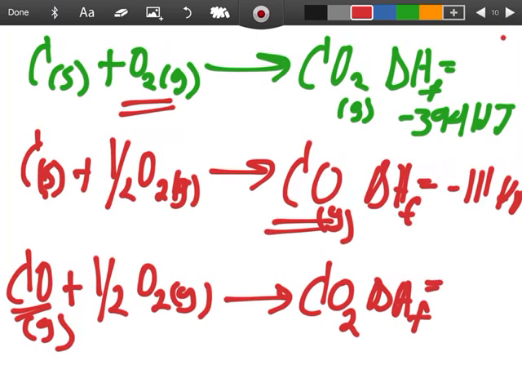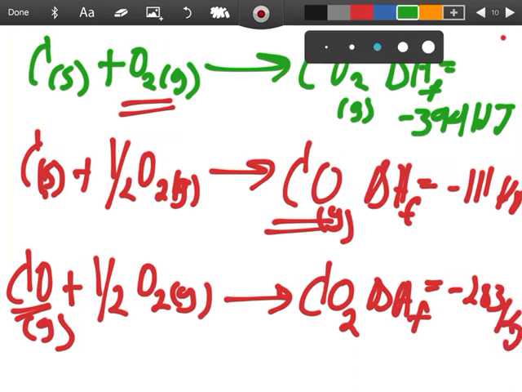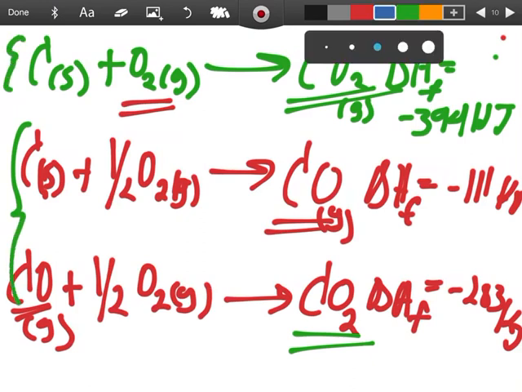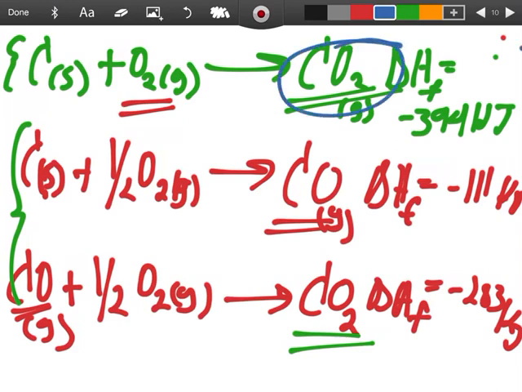It's also going to be exothermic, minus 283 kilojoules. Very well. So if you can see, what I am reaching here is CO2, and what I am reaching here is also CO2. The only difference is that I use 2 reactions instead of only one to reach exactly this product.